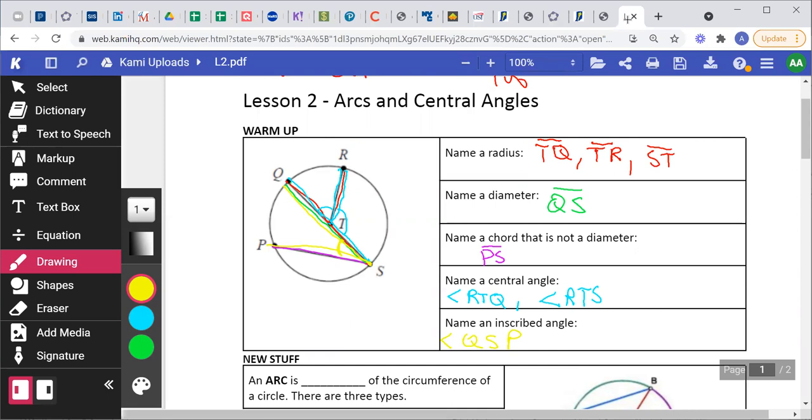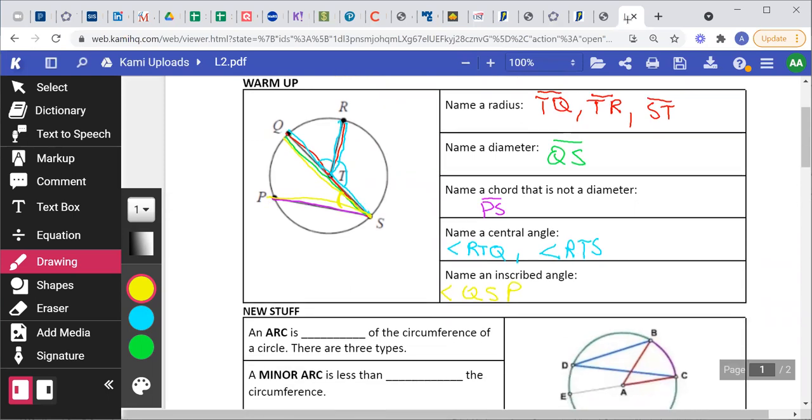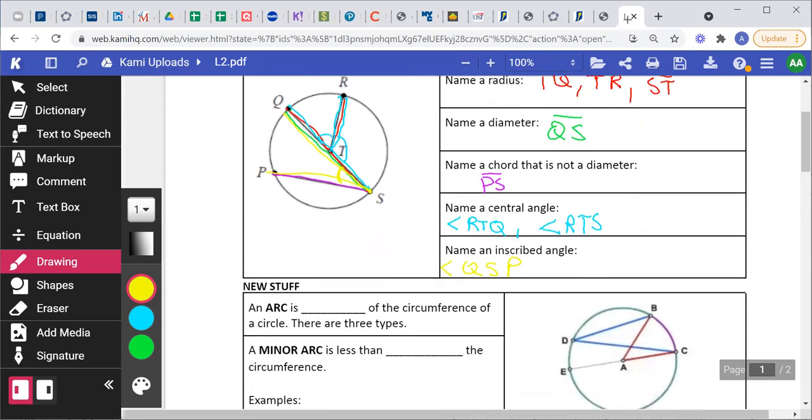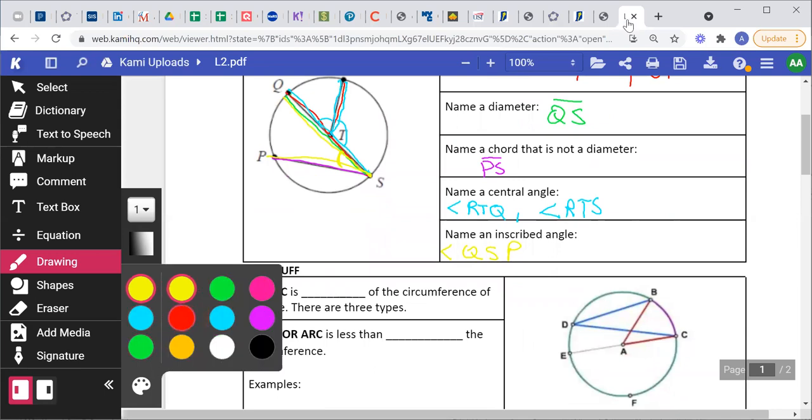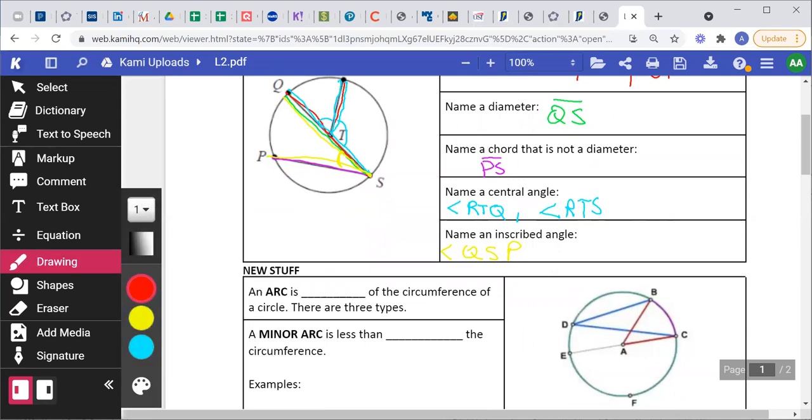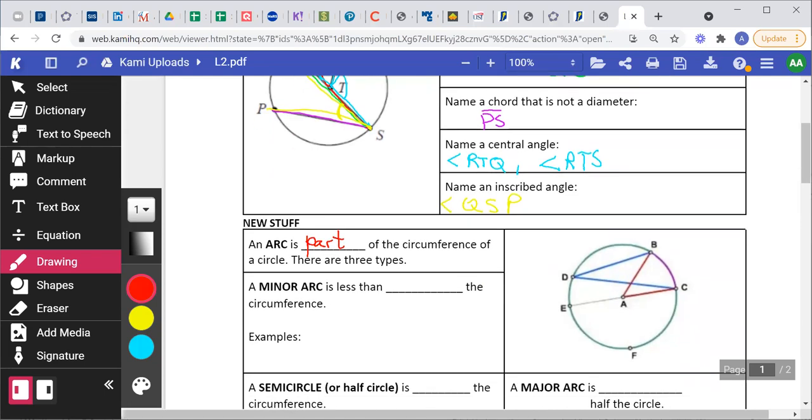So the new stuff we want to learn today is about arcs and central angles. The definition of an arc is that an arc is part of the circumference of a circle. The circumference of a circle is the total distance when you move around the circle.